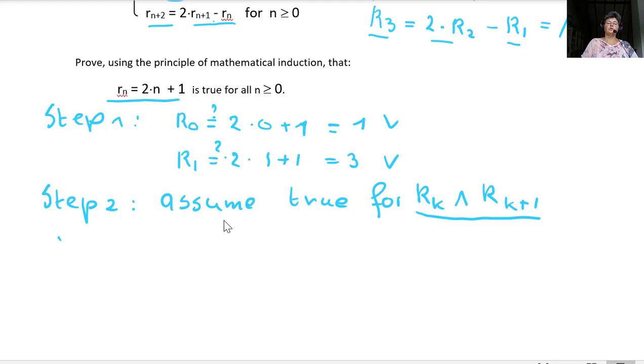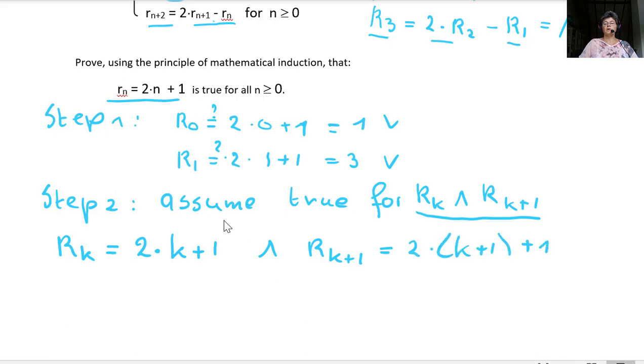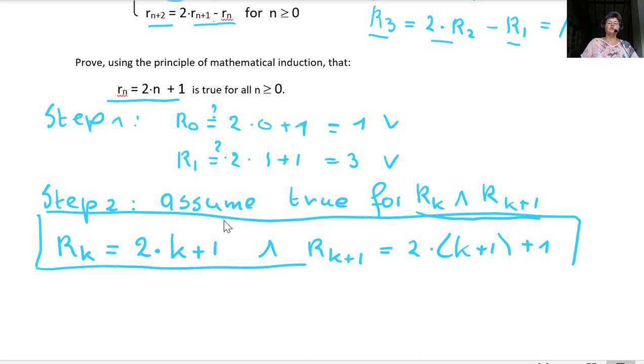So assume true, Rk would be 2 times k plus 1, and Rk plus 1 would be 2 times k plus 1 plus 1. Those are the assumptions we make. So these are the things we can use in our proof.